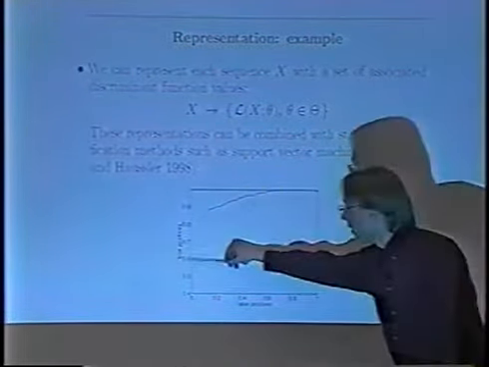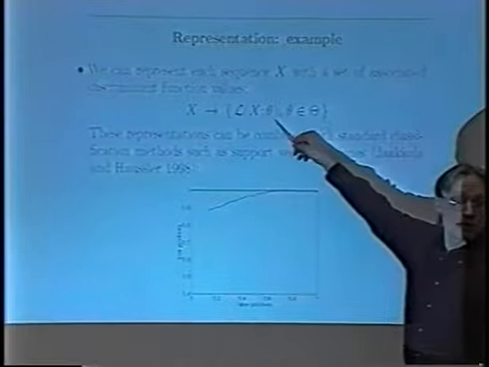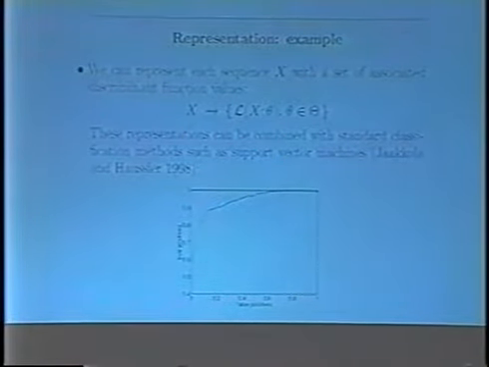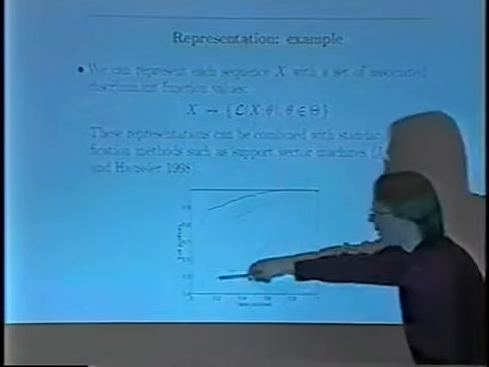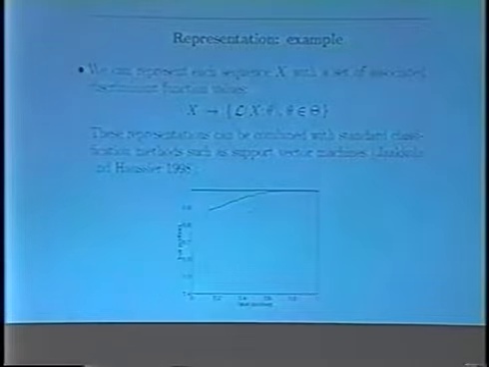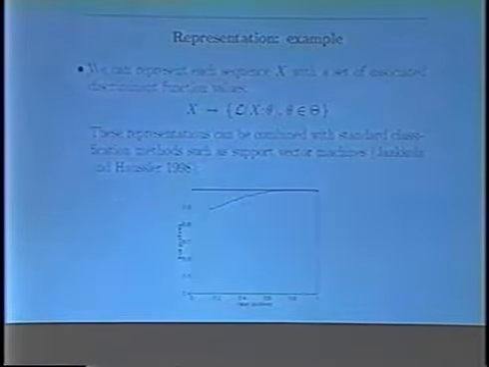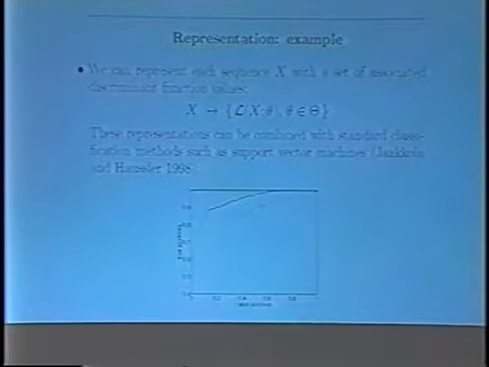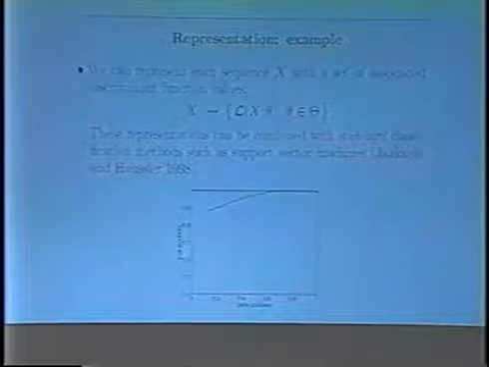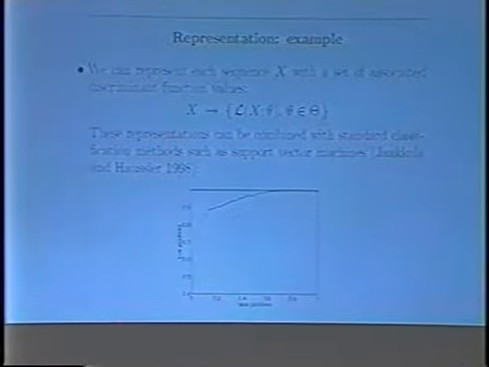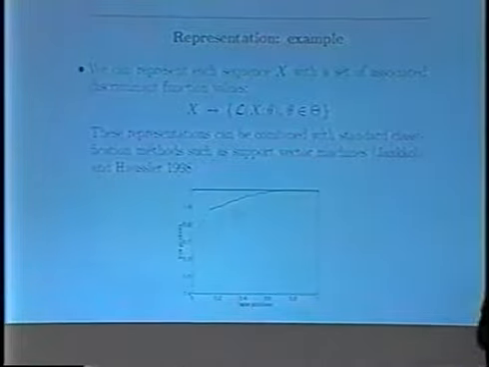And the blue line is when you combine those representations with standard discriminative methods such as support vector machines, and you get a considerable improvement in the classification accuracy. So what this should tell you is that the HMM models that we used for protein sequences are far from perfect, because it's very easy to considerably improve them using these representations.